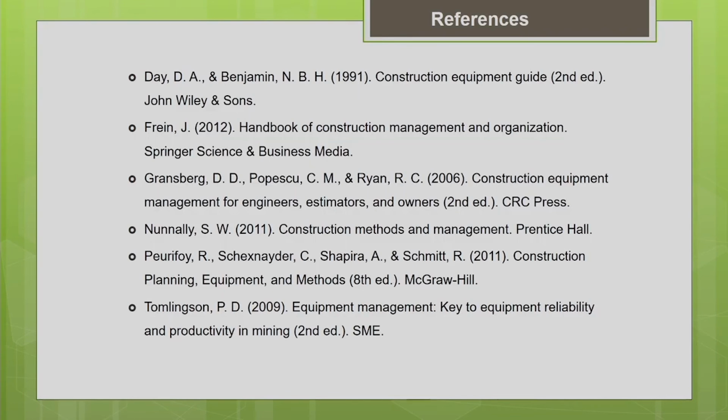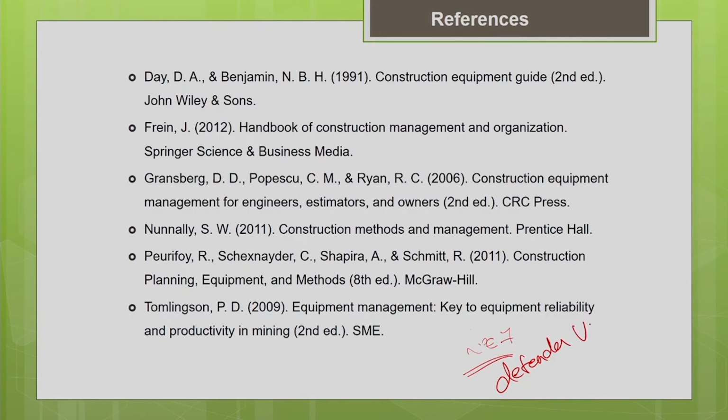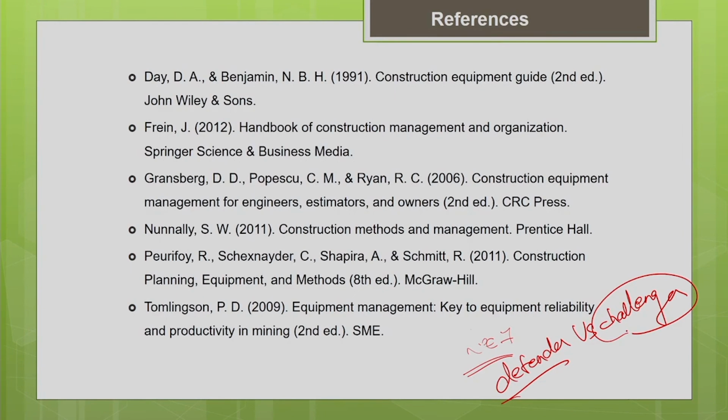In lecture 7, the upcoming lecture, I will be discussing equipment replacement analysis. In that we will discuss some more approaches, like how to compare the Defender and the Challenger. Hope you remember what a Defender and a Challenger are. The Defender is the current machine which you are possessing at your site, and the Challenger is your proposed machine which you are planning for replacement.